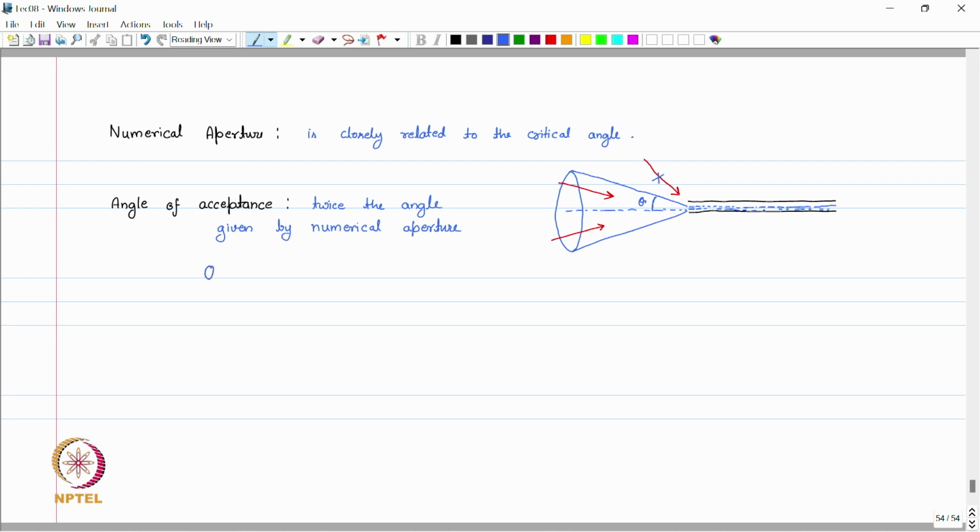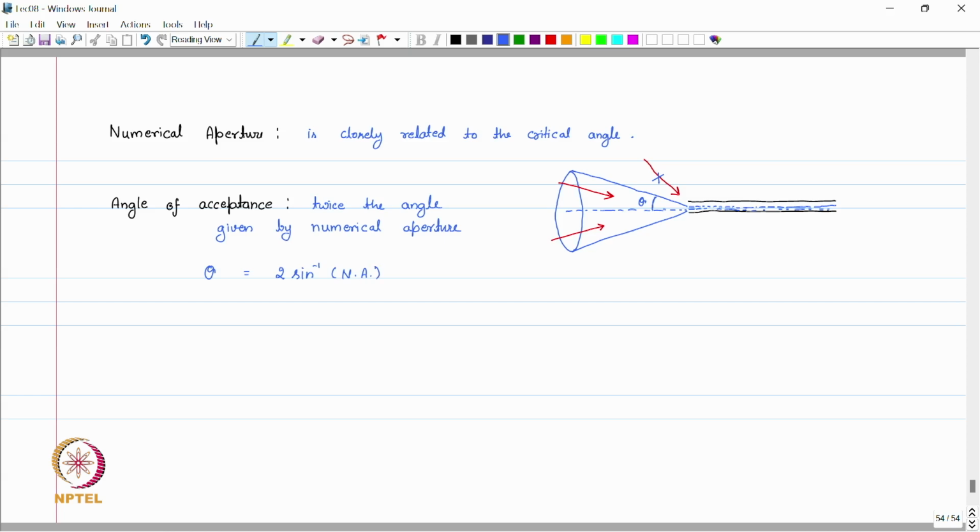This theta is 2 times sine inverse numerical aperture, or NA in short.